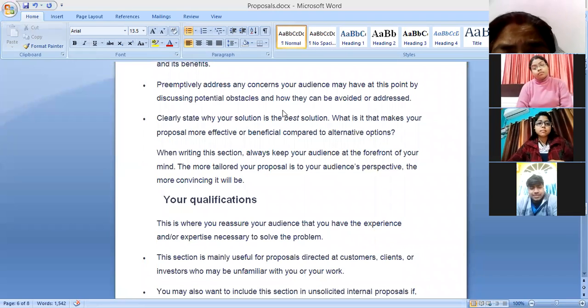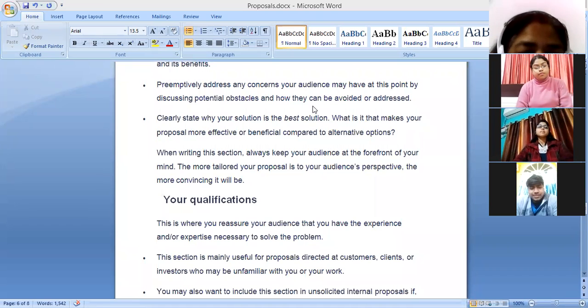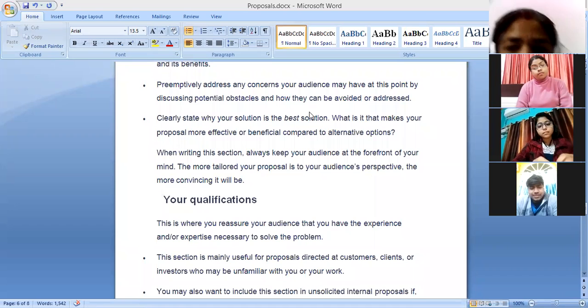The more tailored your proposal is to your audience perspective, the more convincing it will be. Means if you know the need, if you're convincing, it is tailor-made, कि बस आप ही ऑर्गेनाइजेशन फिट हो जाएगी. Tailor-made. It will be likely to be accepted.